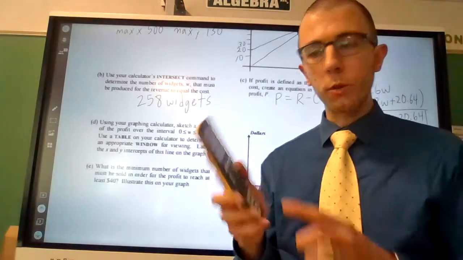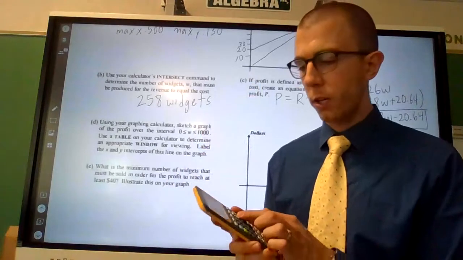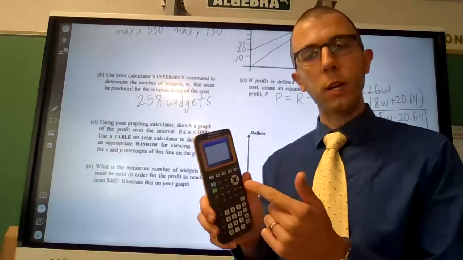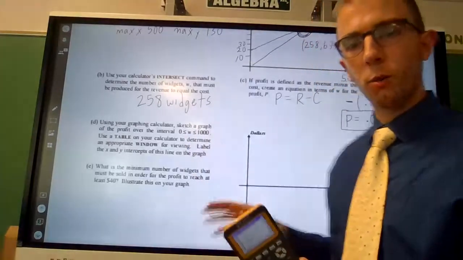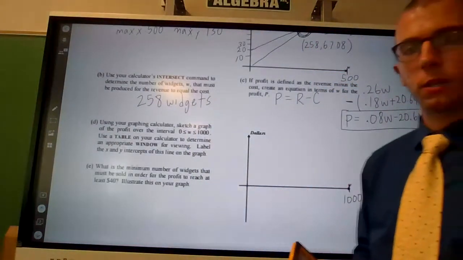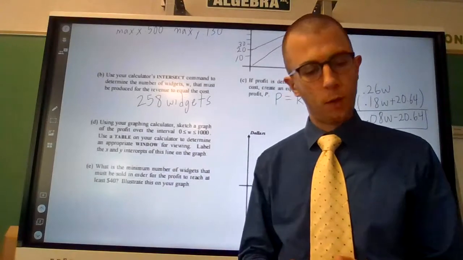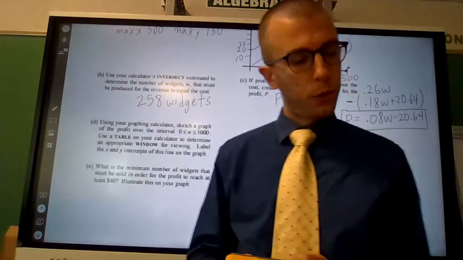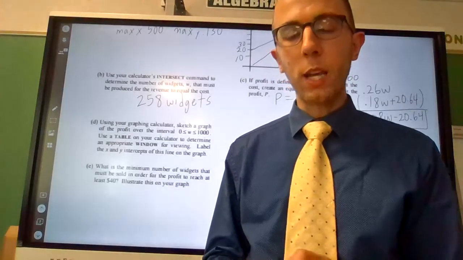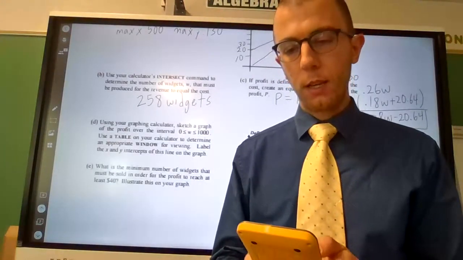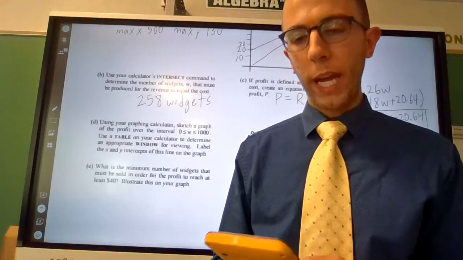And again, we need to use those tricks on our calculator to set our window so that we can see on our calculator what sketch we want to have on here. Okay, so again, we're going to go into y equals to enter our profit function, 0.08x.